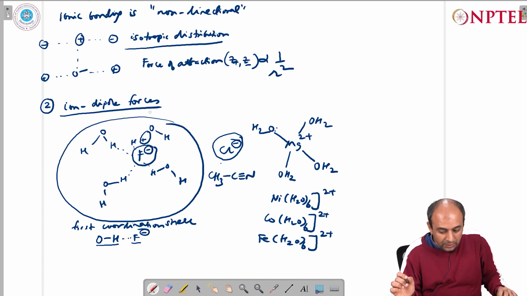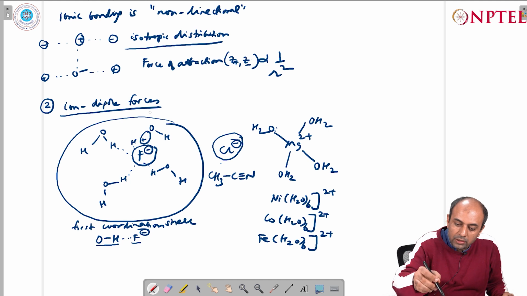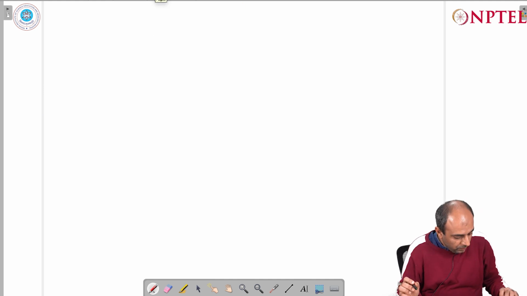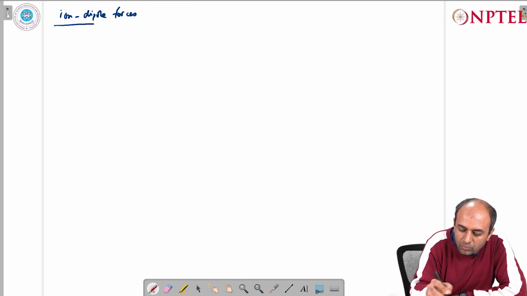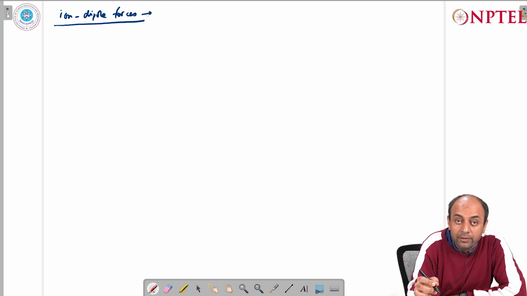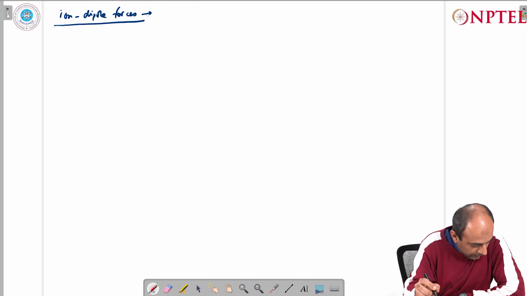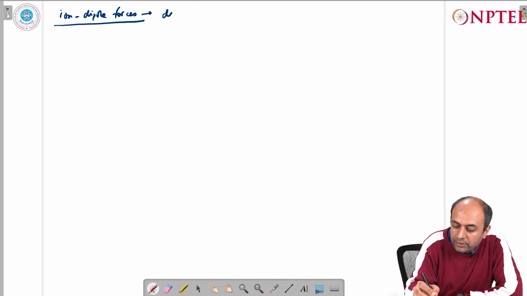And in this regard, let us see now that the ion dipole forces, unlike the ion forces, have directional characteristics.